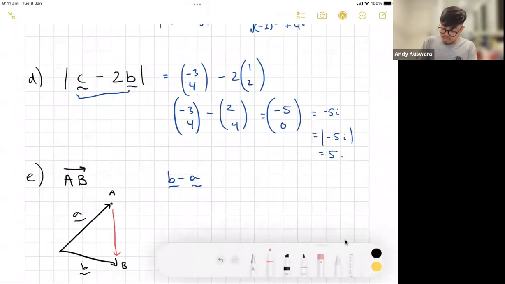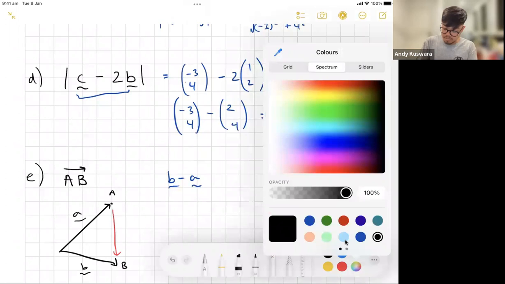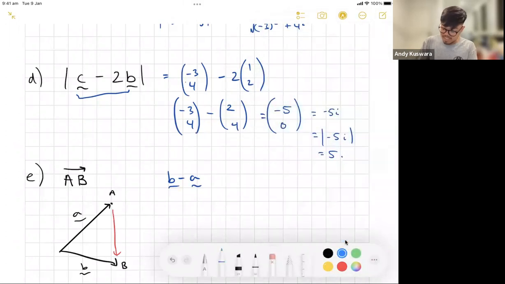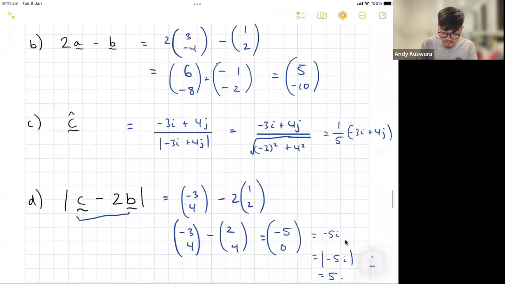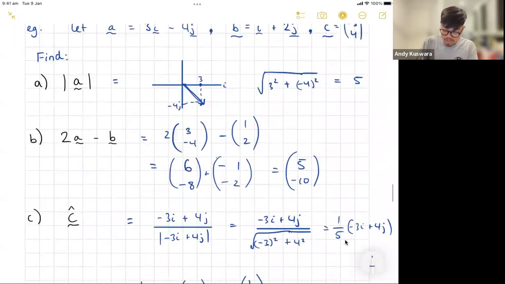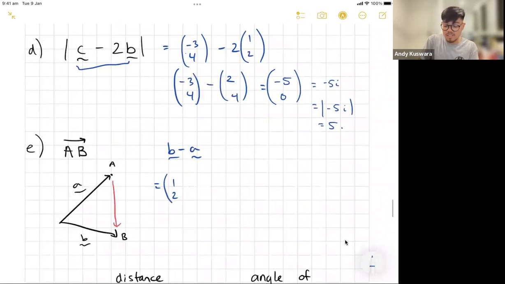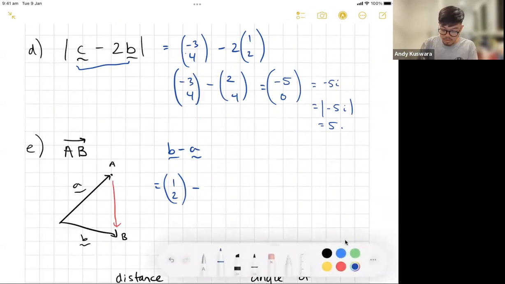So b is, man, if you're watching my video, kudos to you, because this is a mess right now. Okay, b minus a, and b was 1, 2. And again, I just like using column form because it makes my math easier. But if you prefer the i's and j's, maybe I'll do that for this example here.